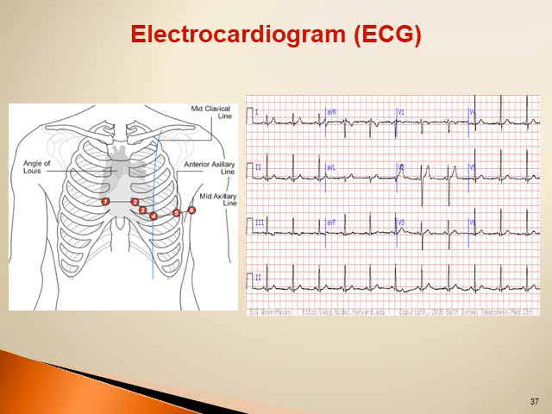Usually we have not only one recording, but we attach electrodes to different parts of the body, and this gives me different views of the heart. That's why the usual ECG recording is called the 12-lead ECG, which has 12 views of the heart from different angles, giving a more 3D view of the electrical activity of the heart. ECG will be well covered in the cardiovascular module in phase 2, inshallah.